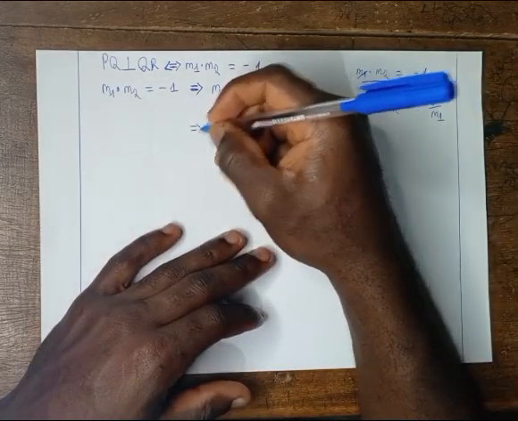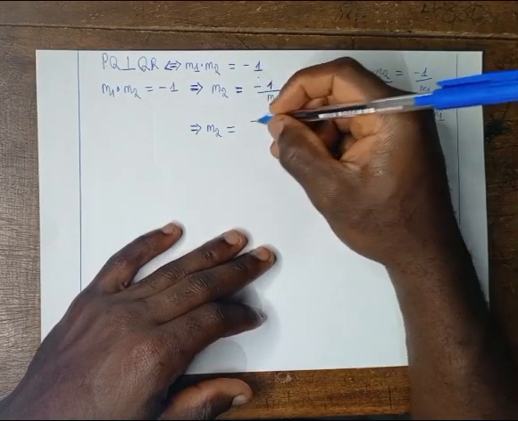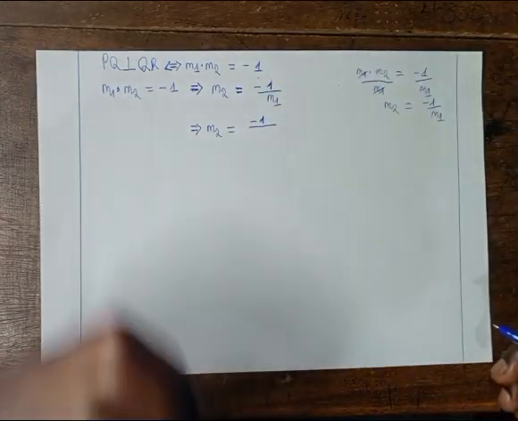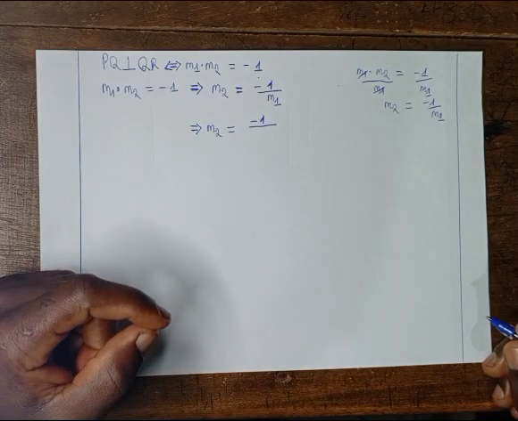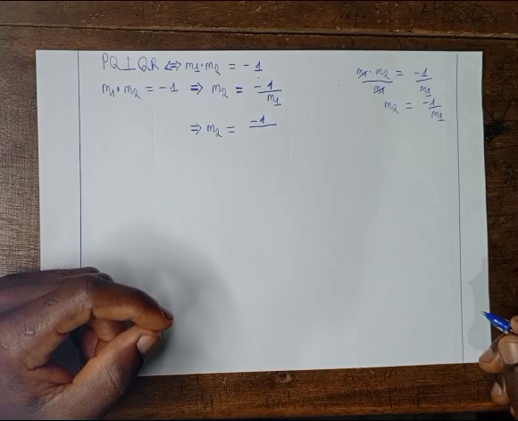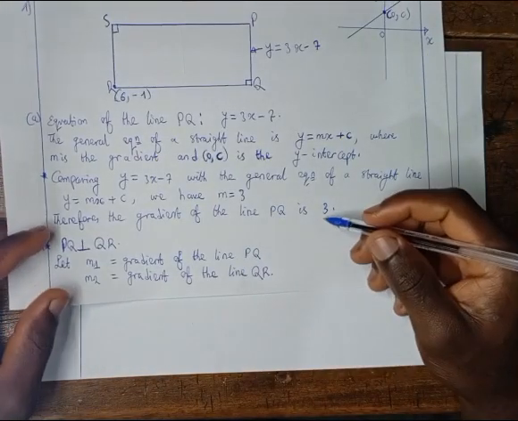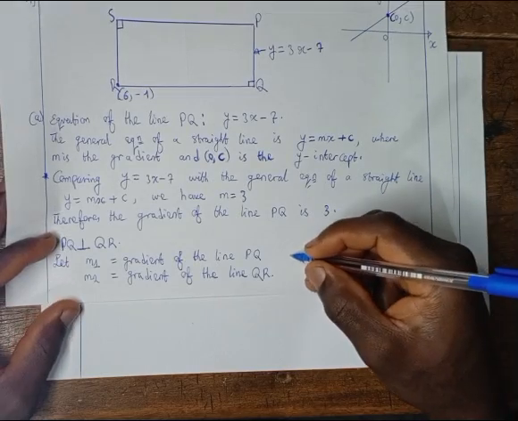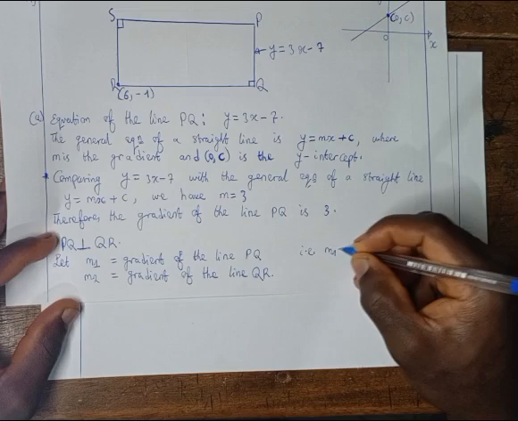This will give us m2 equal to -1 over m1. We know m1 is the gradient of the line PQ, which we just calculated, and we obtained 3. That is, m1 is equal to 3.